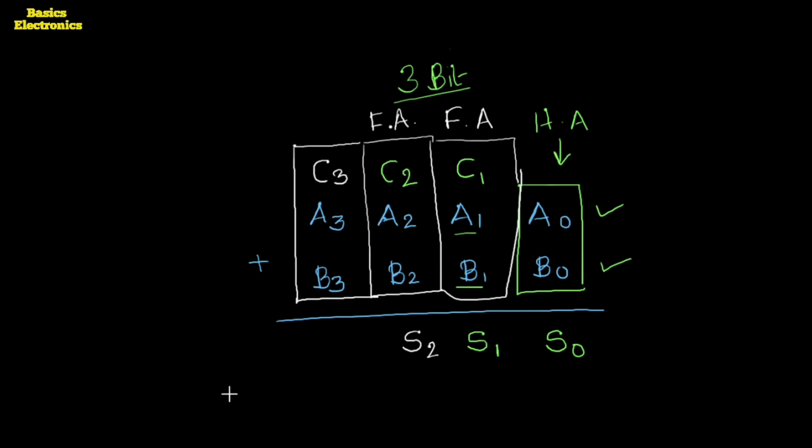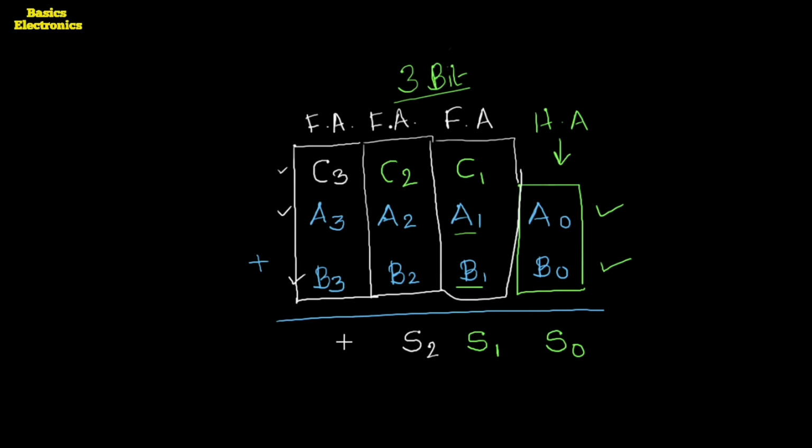Once again we require the full adder. This full adder performs the addition of the three binary bits A3, B3 and C3, which is the carry generated at the previous column.